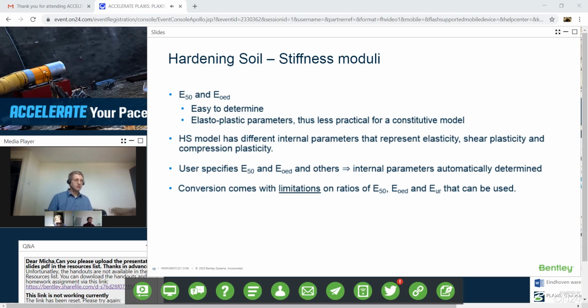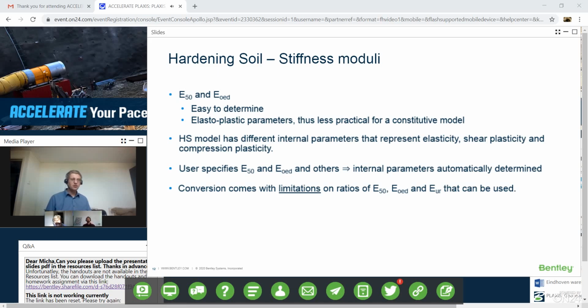From the simulated triaxial test and odometer test, it determines the E50 and E odometer. It compares them with the values that I as a user put in. And if they don't match the user input, it adjusts the internal parameters and does the simulation again.